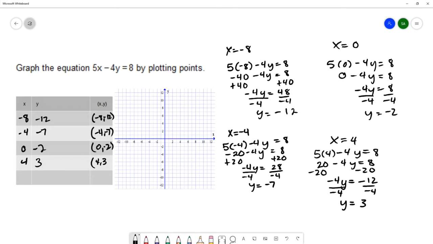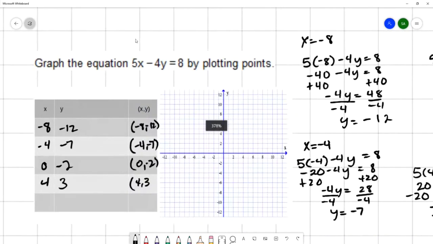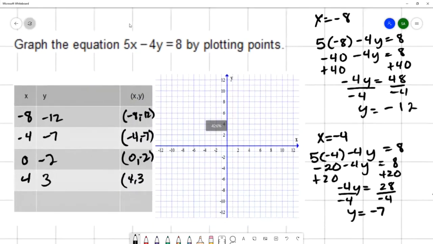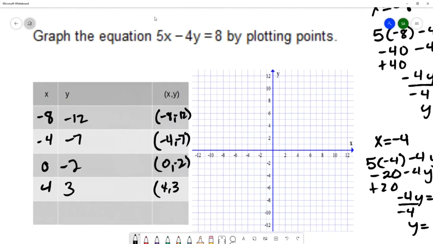I'm going to zoom back in on my graph so we can see where to plot these ordered pairs. We have (negative 8, negative 12) would be here. (Negative 4, negative 7) would be here.